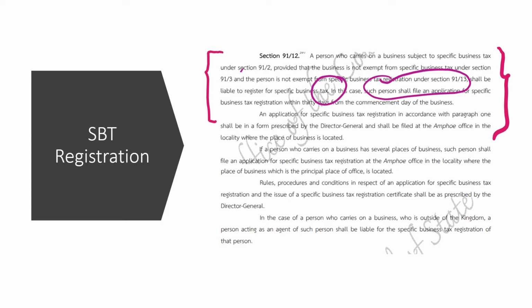So let's have a look at the provision a little bit. If you look at section 91/12, you can see that the law says that for a person who carries on a business that is subject to specific business tax under section 91/2 that we have discussed before, and if the business is not exempt from specific business tax under section 91/3 and is not exempt from specific business tax under section 91/13 that we will discuss later, this person or entity shall be liable to register for specific business tax.